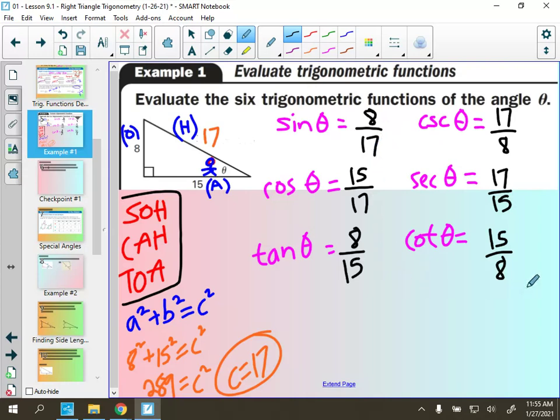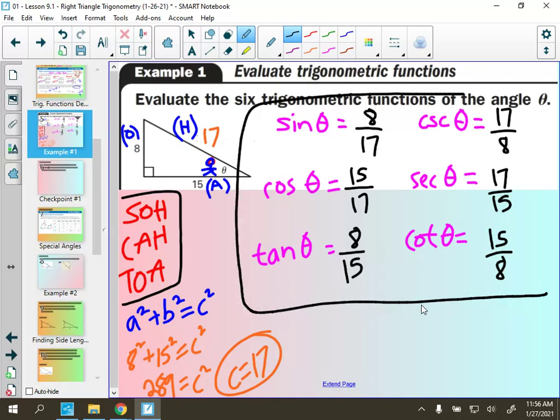But if this was like 8/16, I would want you to reduce that to 1/2. So reduce fractions whenever possible. But that's it, that's your answer for this one. It's kind of weird looking, all 6 of those, but that's what it's asking for.